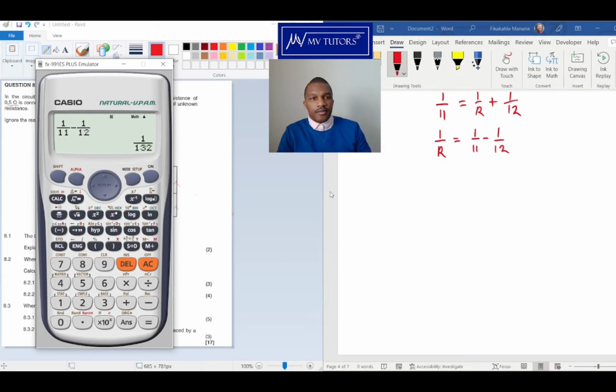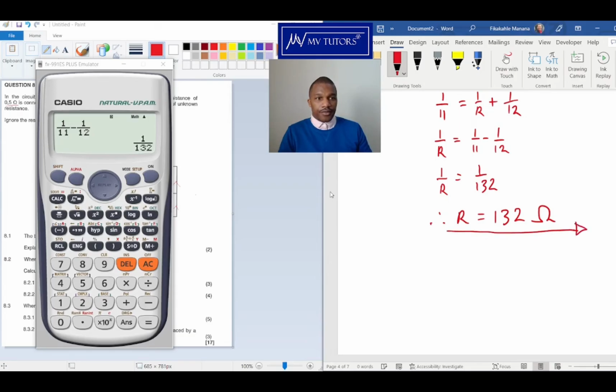What do I get? So 1 over R is equal to 1 over 132. Well, it just so works out that R then is equal to 132. Now I have to put my units, which is ohms. There we go.